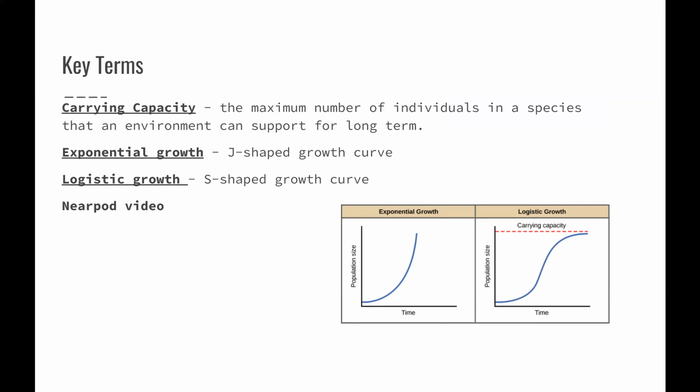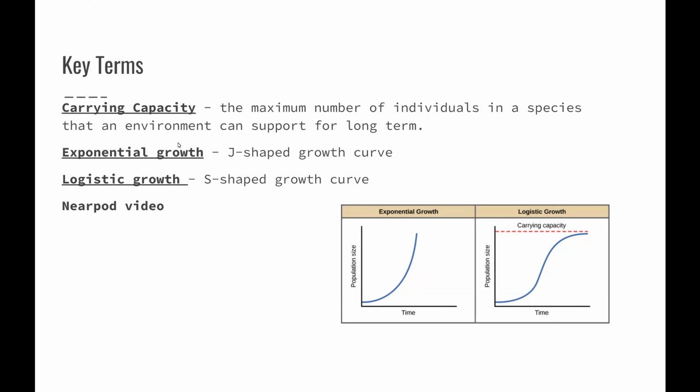Okay, so remember, limiting factors come into play, and they limit the number of individuals of a particular species that can live in a particular environment. And those limiting factors impact the carrying capacity of the environment. So the carrying capacity is the maximum number of individuals that can live in a particular ecosystem.